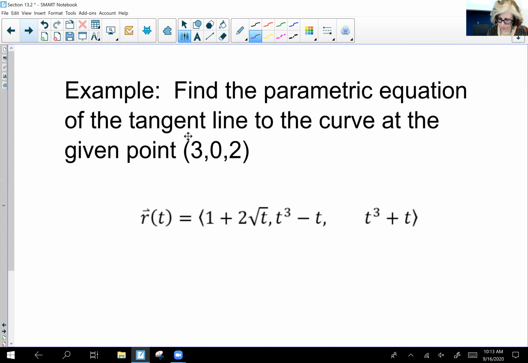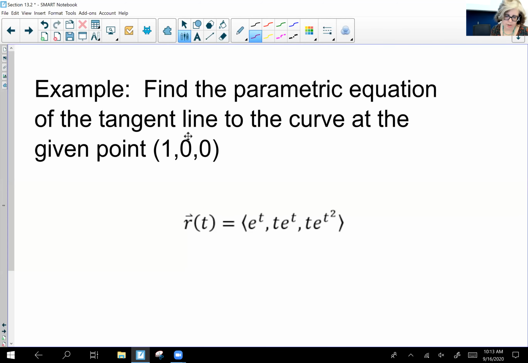and let's look at this problem here. Let me give you a second to write it down, and you do have a homework problem very similar to this.